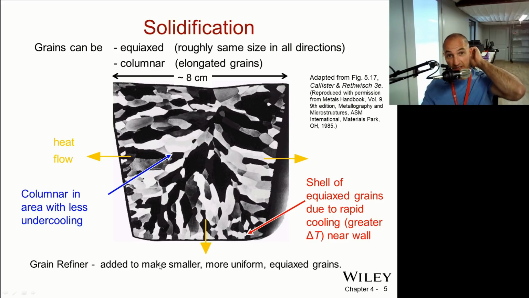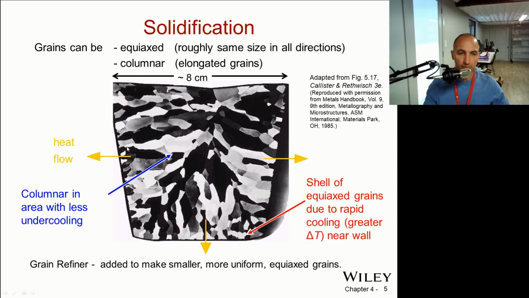Solidification. So grains can be equiaxed. That means they're roughly the same size in all directions. And then they can be columnar, which means they're elongated. Here's a micrograph, a cross-section, of an ingot that was poured and then solidified.